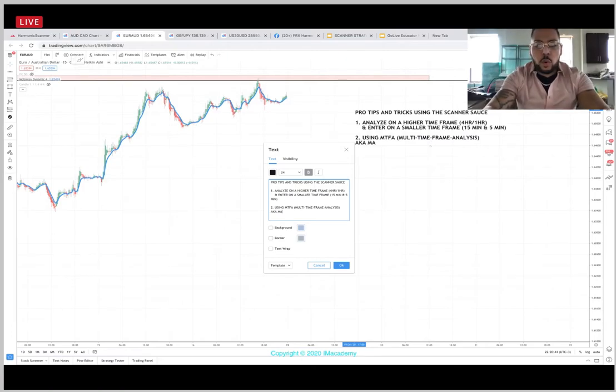AKA, some people call this market synchronization. Okay? You might be like, Manny, what the hell does that mean? That sounds super duper complicated. It's not. Multi-time frame analysis, or AKA market synchronization.